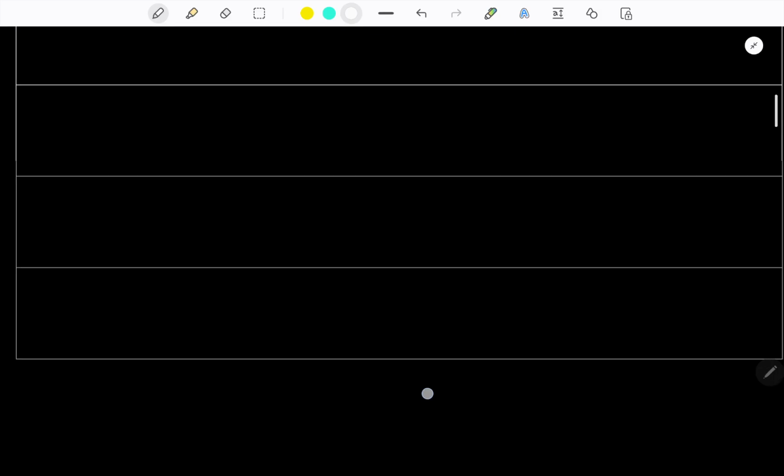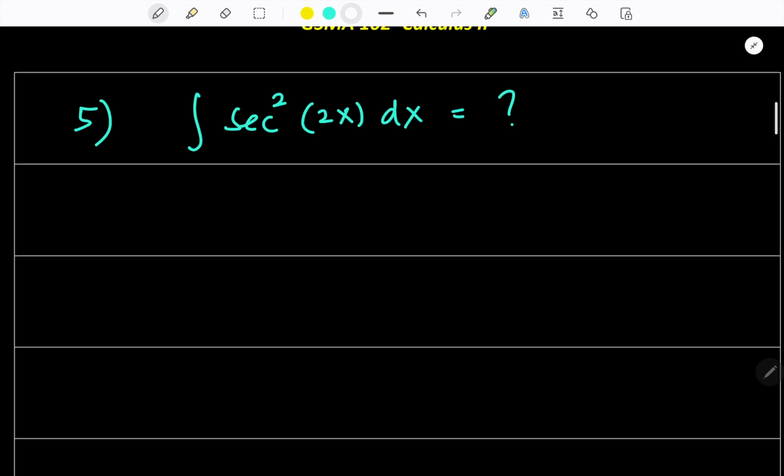Let's go to the next question. Integral secant square 2x. Whenever you have something like secant square, tan, cosecant square, try to remember the derivative formula. What is the derivative formula for tan x?